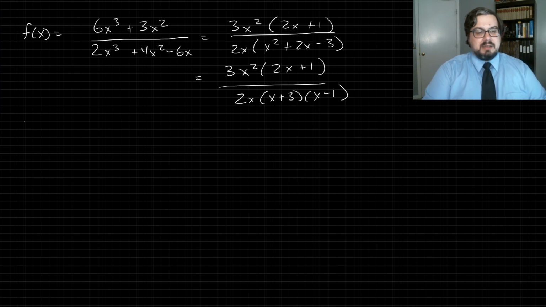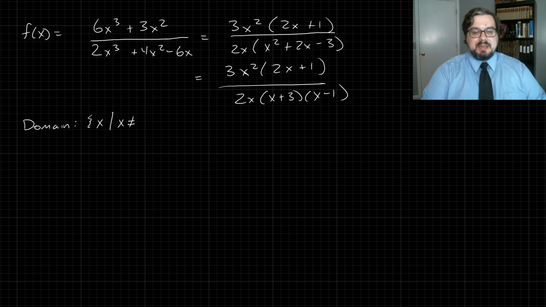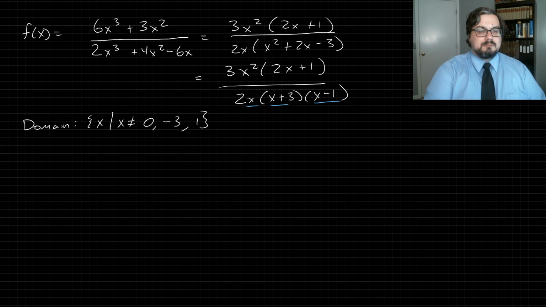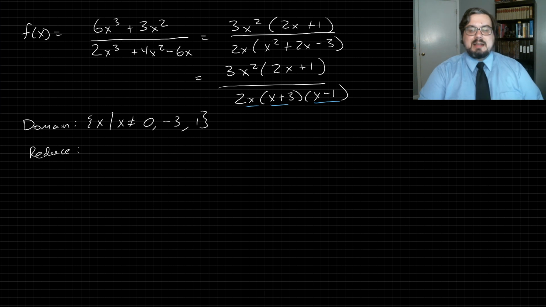Now, once again, if we want the domain, we need to stop here before we reduce. And the domain is going to be all values of x other than 0, -3, and 1, coming from the 3 factors of the denominator. Well, now we reduce, and we see that we've got a single common factor.